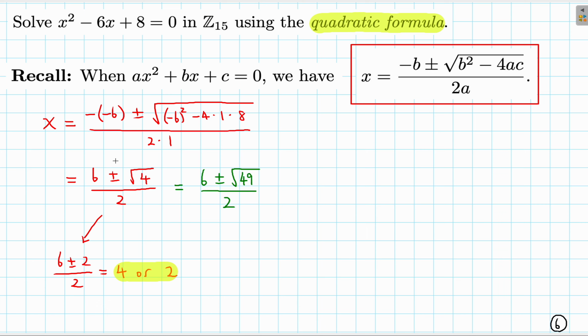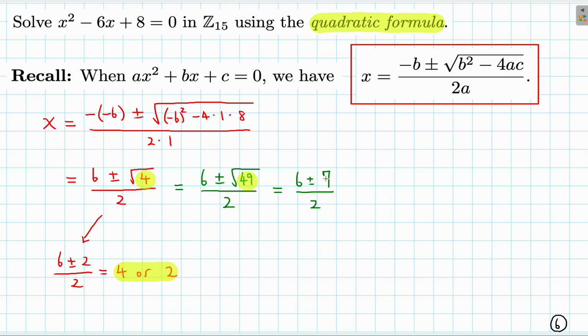And so let me just highlight the fact that 4 and 49 are equal in Z15 because their difference is 45, which is a multiple of 15. So then we can rewrite this as 6 plus or minus the square root of 49, which is 7, over 2.